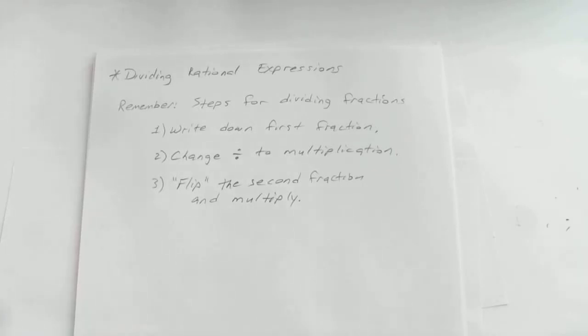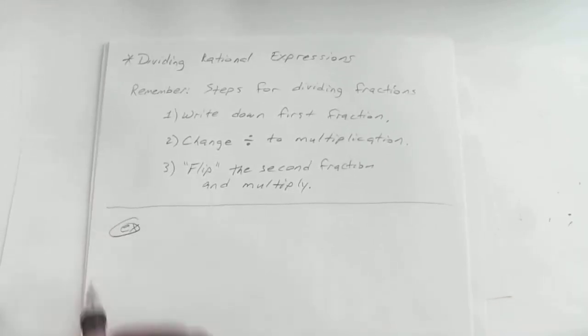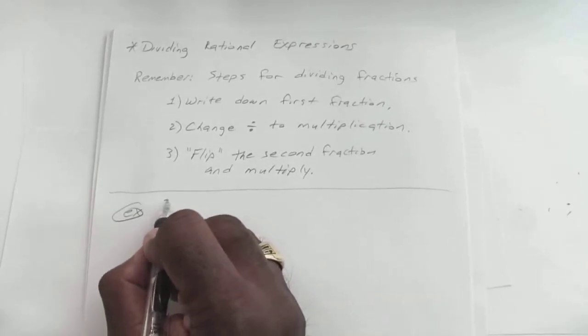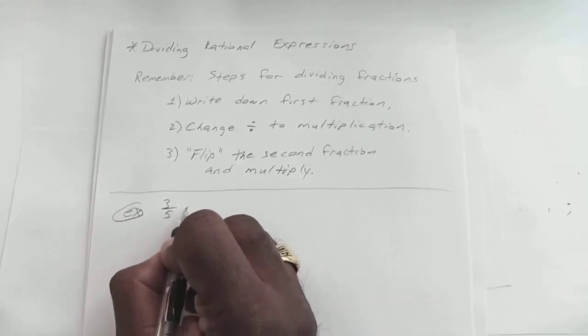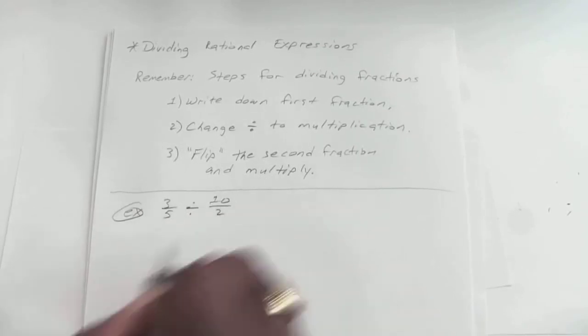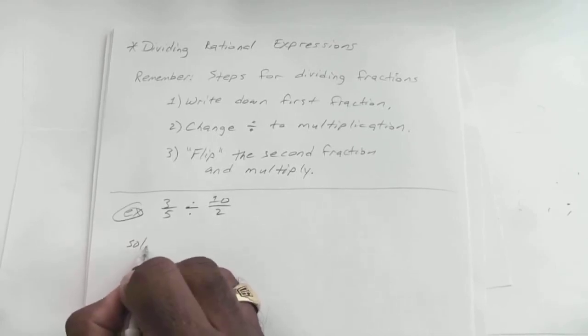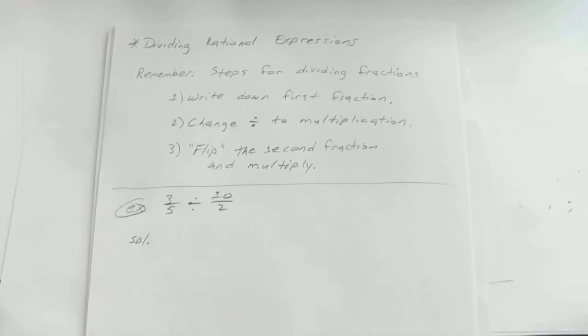So, for example, if we use this on a regular ordinary fraction, let's say we wanted to divide 3 over 5 divided by 10 over 2. I know that's just 5, I just made it 10 over 2. The first thing you do, you write down your first fraction.